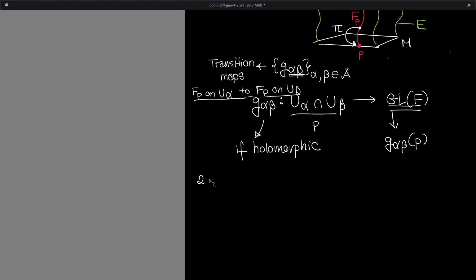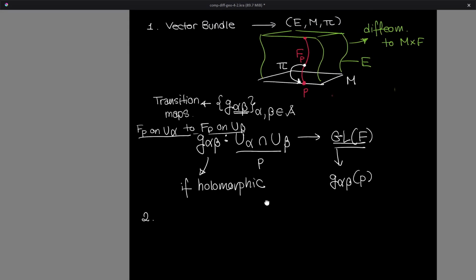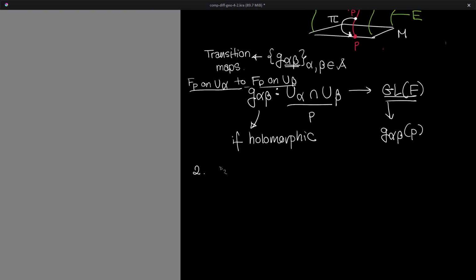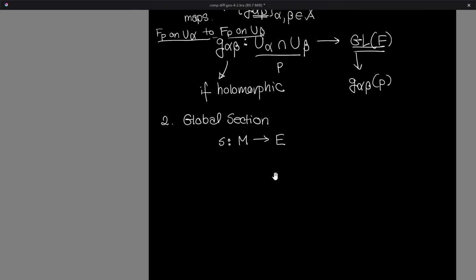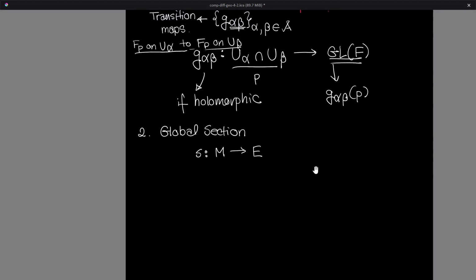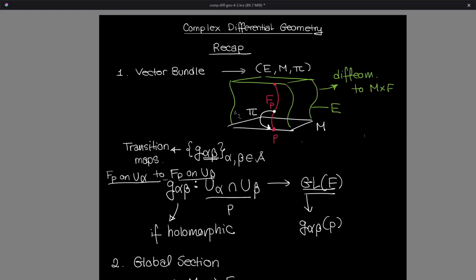And so the next thing that we defined was this thing called a global section. A global section is a map s that goes from M to E. It's literally a cross section of our vector bundle on the manifold.